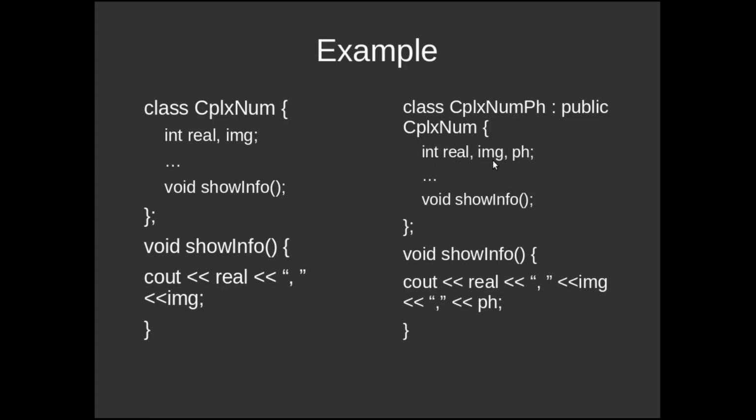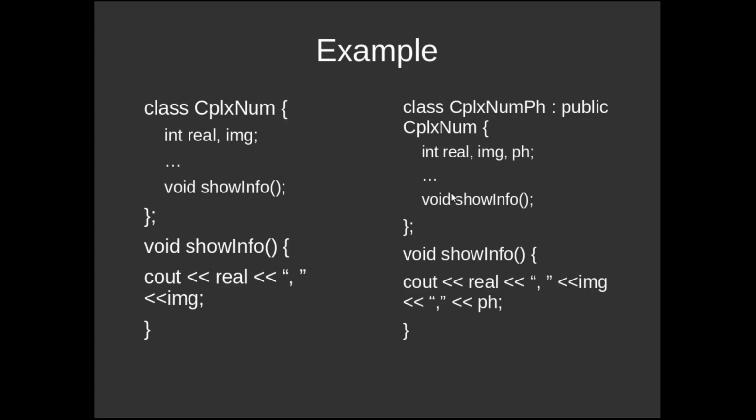They're supposed to be inherited from the base class. However, just for clarity, I have presented them here again. But this derived class has another member variable which is not present in the base class, which is ph.